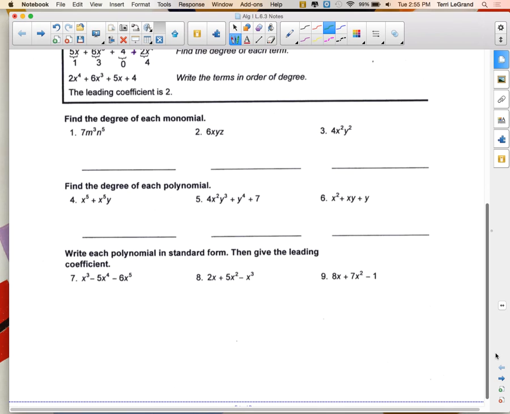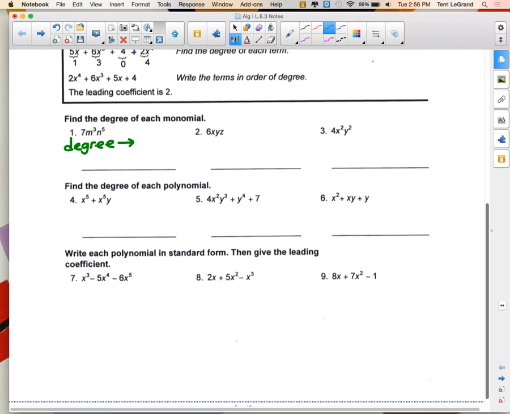So let's do number 1. Find the degree of the monomial. Here's the kind of work that you're going to need to show when you're doing it for right now in your notes. I want you to be able to see how did we get this answer. I don't want just an answer on the line. I want you to do this. To get the degree, here's what we're going to do. Is this a monomial?